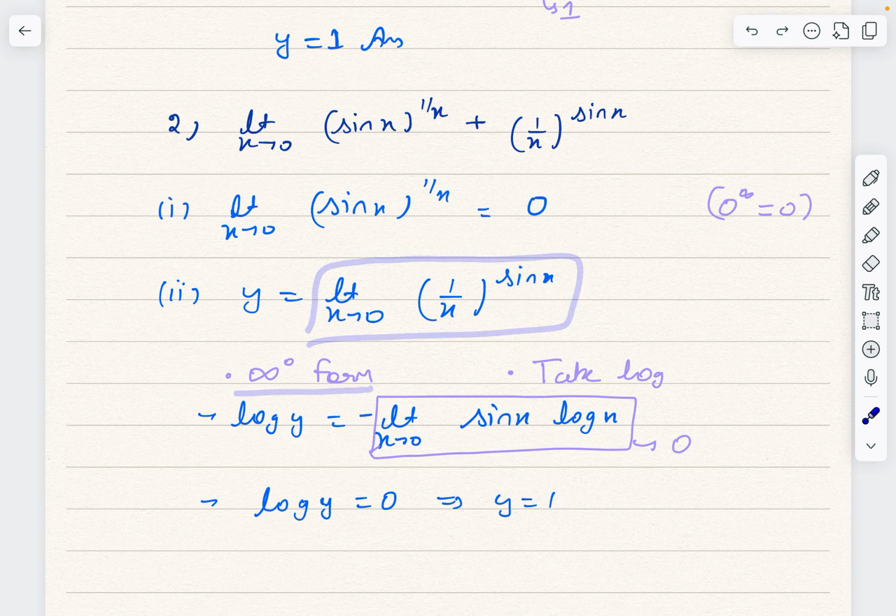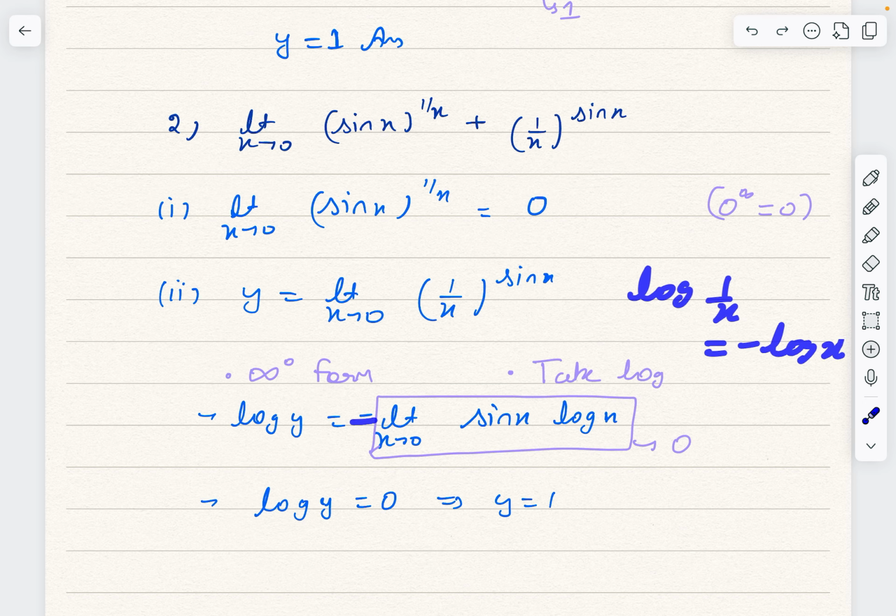So here what we do is equate it to y and take log. Get log y equal to, this power comes outside, you get sine x, and log 1 by x we can write as minus log x. Again log properties. So you get minus limit x tend to 0 sine x into log x.